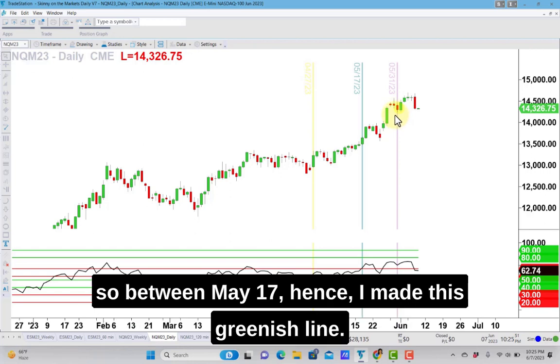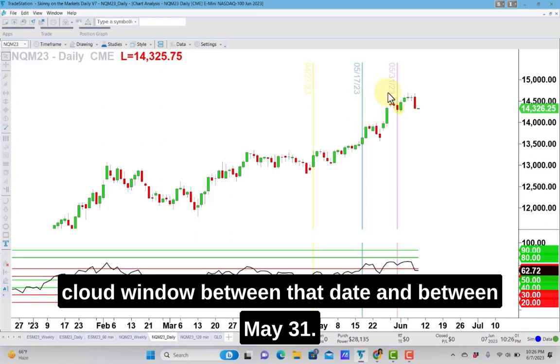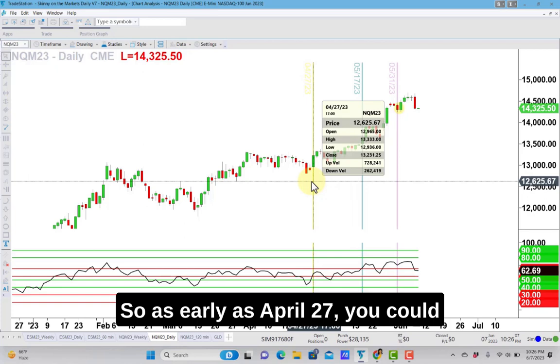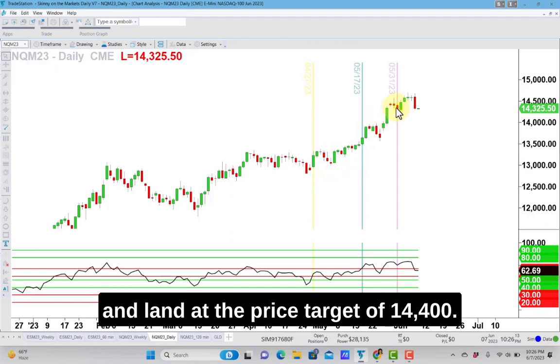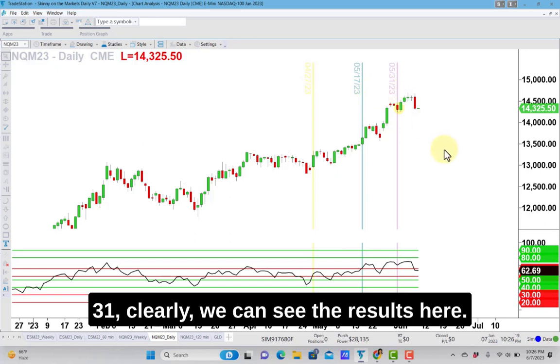And to do so between May 17th, hence I made this greenish line, the start of what I call a forecast cloud window, and May 31st. So as early as April 27th, you could have been monitoring the Nasdaq to head higher and land at the price target of 14,400, between May 17th and May 31st.